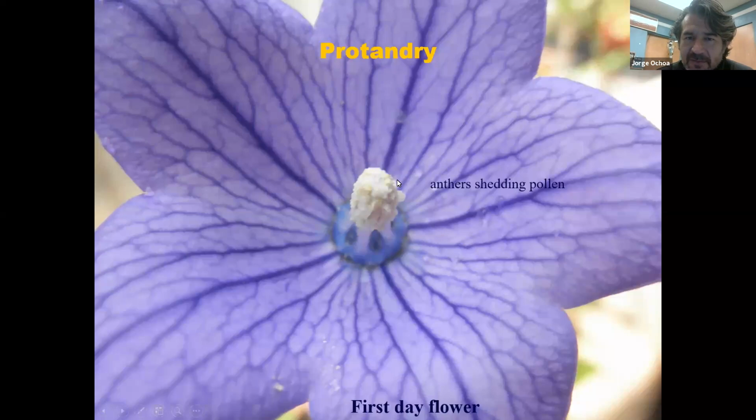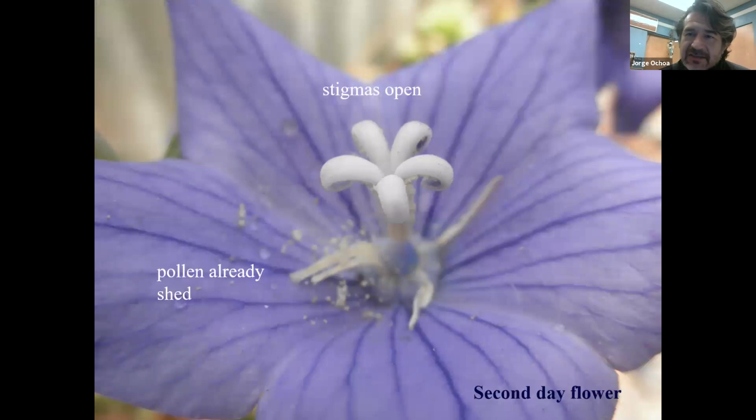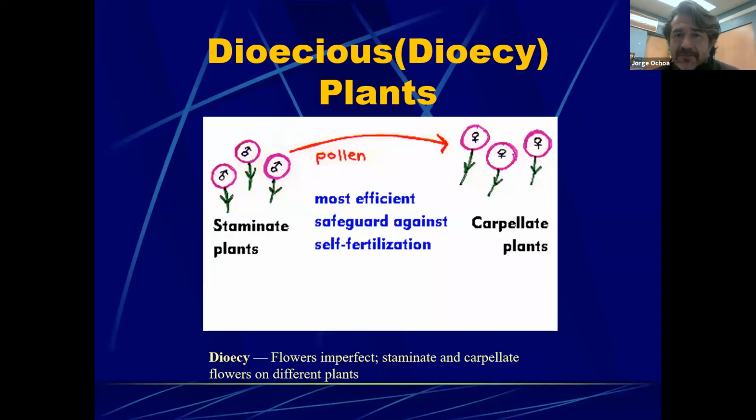And if we look from the previous picture, the stigma is inside, but it's not receptive, so it's not open. Second day, now the stigma is open, is receptive. Now it's going to take the pollen from a different flower, and that's going to prevent it from selfing. So protandry is when the stamens mature before the stigma. So that's going to prevent it from selfing once again.